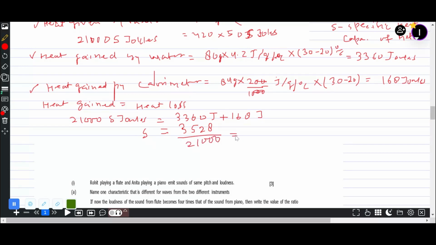Now that works out to 0.168 joules per gram per degree centigrade. Okay, almost 7 times, 6 times, yeah, 0.168. Okay, that is your answer.